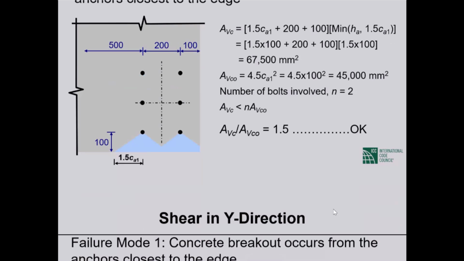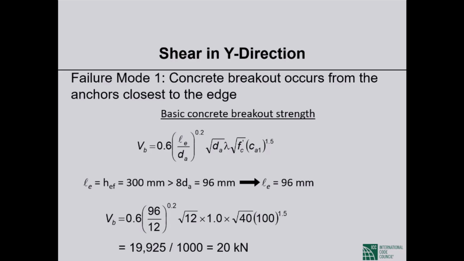So we are considering shear in the y direction. As you know, we are considering the front two anchors breaking out under 1/3 of the shear applied to the group. Basic concrete breakout strength is given by this expression. L sub E, remember, is equal to the effective depth, but cannot be taken any larger than 8 times the anchor diameter. In our case, the anchor diameter is 12 millimeters, so 8 times 12 is 96. So the 96 governs.